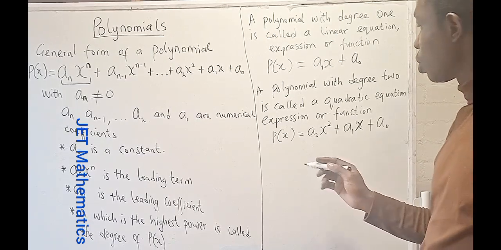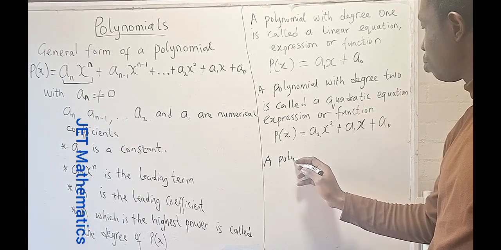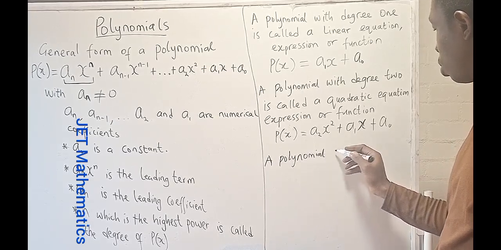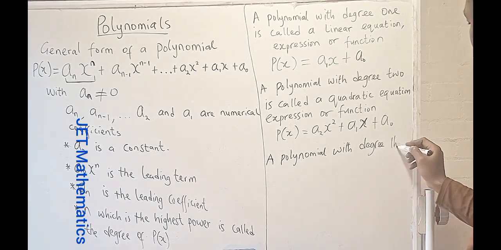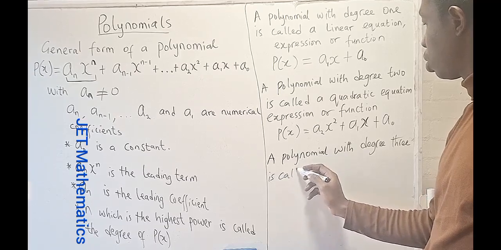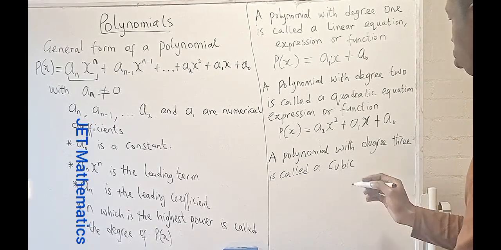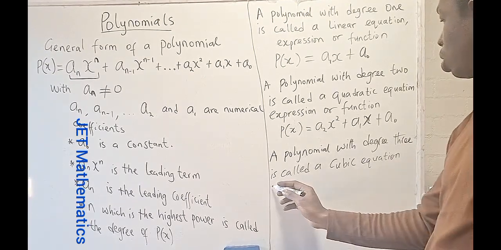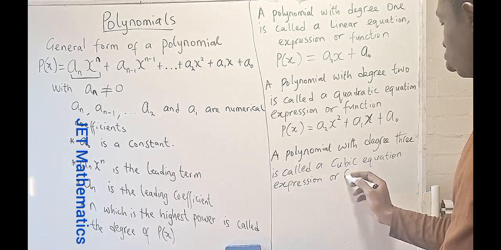Okay, lastly, because of time, a polynomial with degree 3 is called a cubic equation, expression, or function.